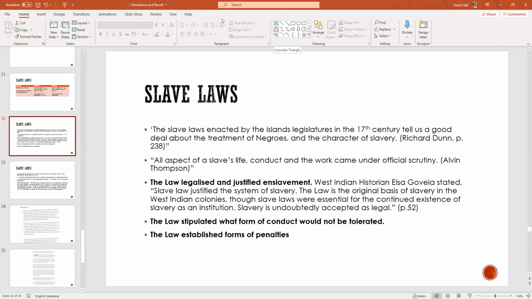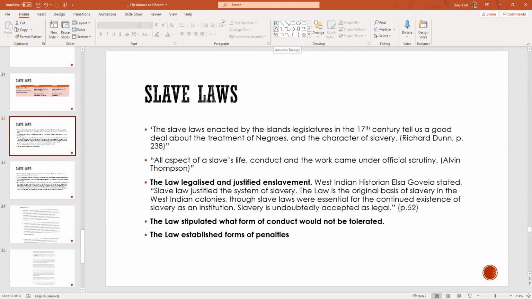But if you're in Cuba, which laws would be practiced? Spanish. Yes, what is the name? Very good. If you are in Haiti, what was the slave law there? Code Noir. Very good. If you are in Martinique? Code Noir. Guadeloupe?